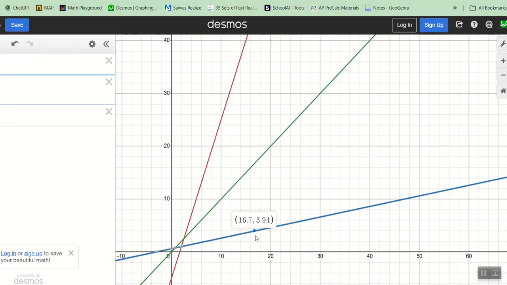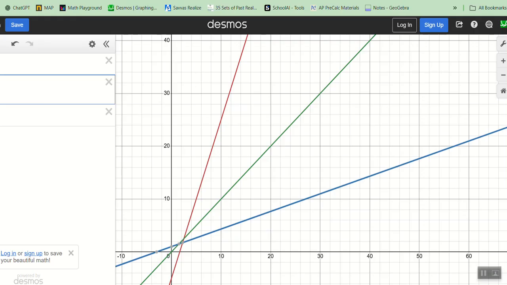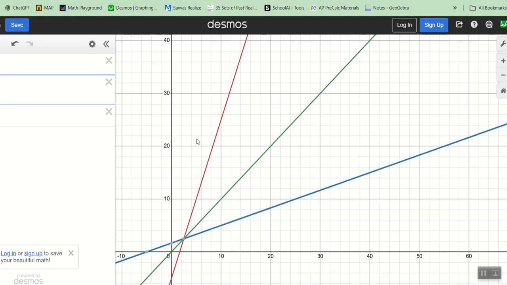So 16 and 7. Why is it still wrong? What was the inverse function? Oh, because I wrote it wrong. Isn't that hilarious? There we go. Third time's the charm.